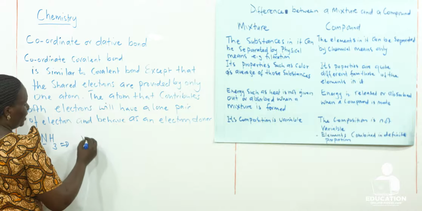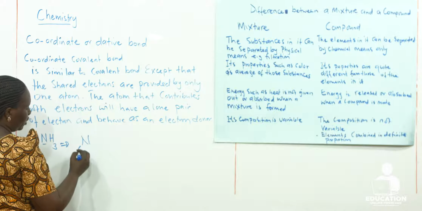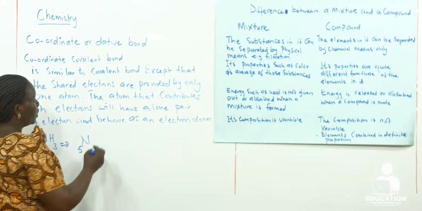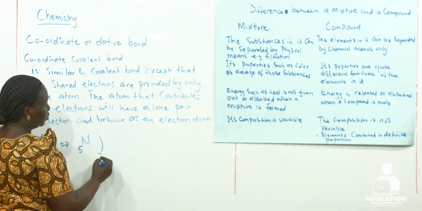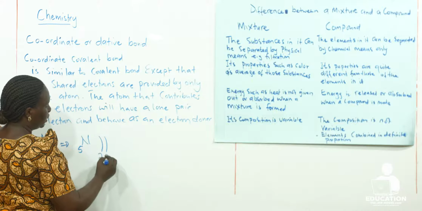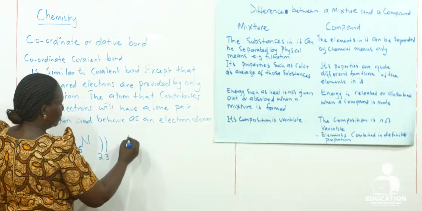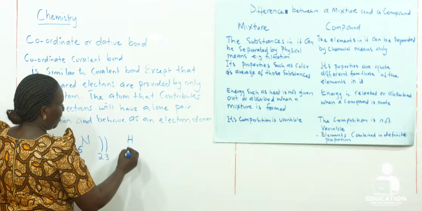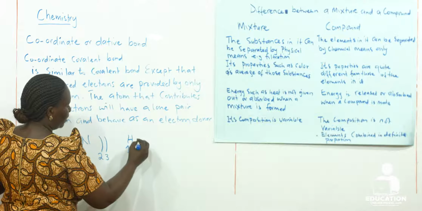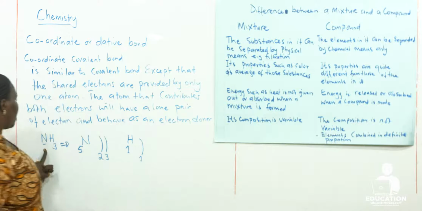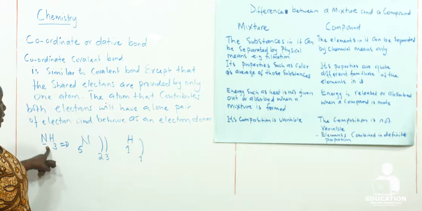We say that nitrogen atom with atomic number 5, the electronic configuration is 2, 3. And then we have hydrogen, atomic number 1, electronic configuration is 1. But in ammonia, we have 3 atoms of hydrogen.